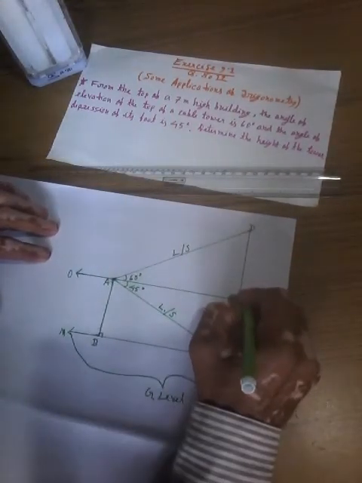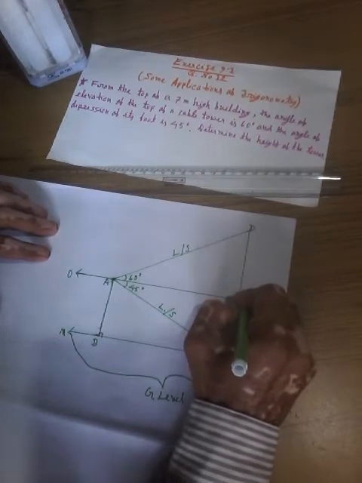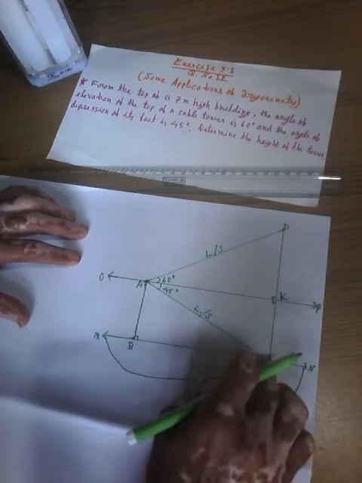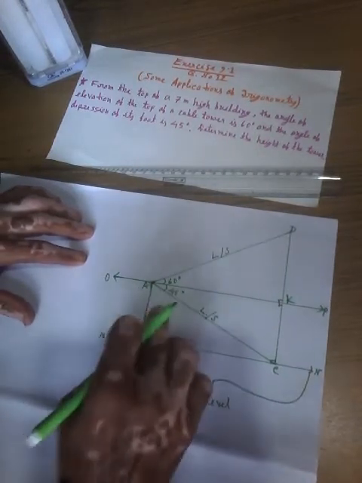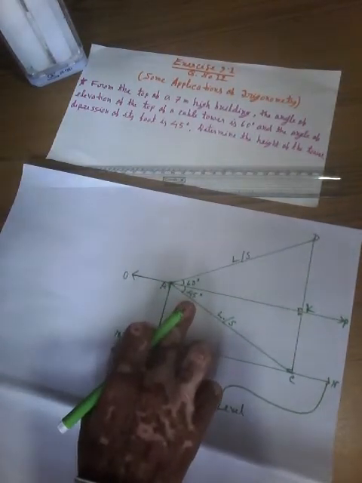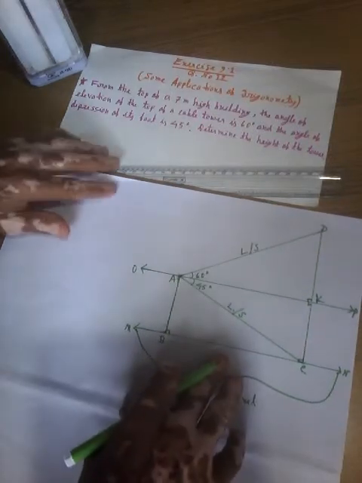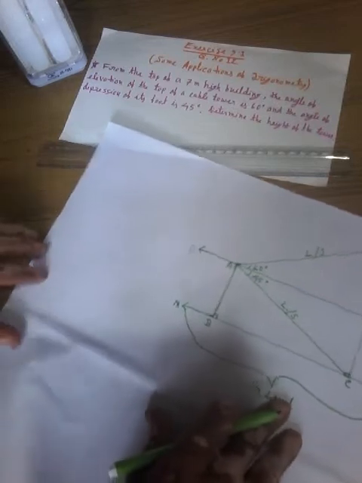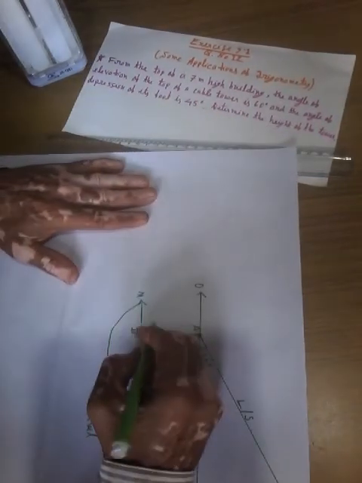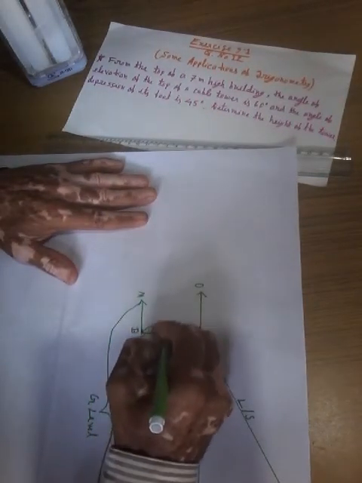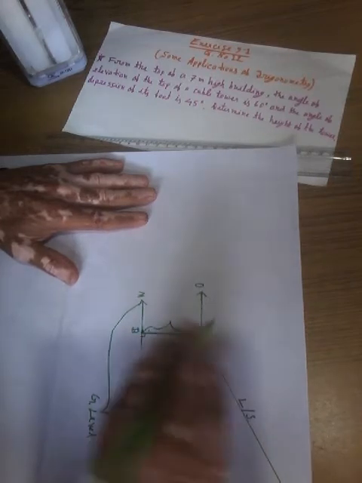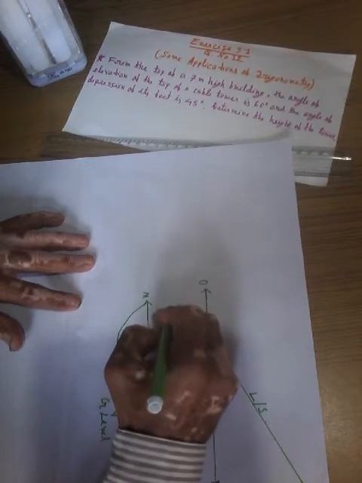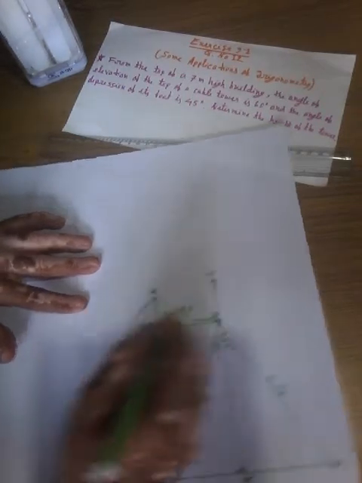Let us name this point as K. So angle of depression CAK is, according to the question, of the measure of 45 degrees. After this, according to the question, measure of AB, which is the height of the building, is 7 meters.